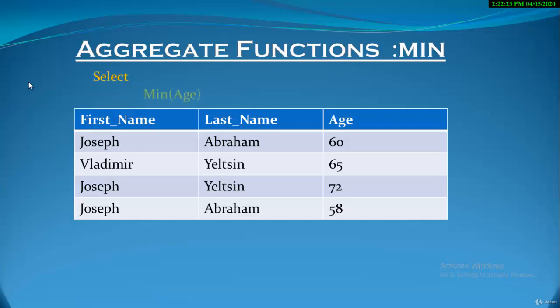This is the syntax of the minimum function. First we have to write the keyword select, then keyword min, bracket, then the name of the column for which you want to get the minimum value, from, and the name of the table.